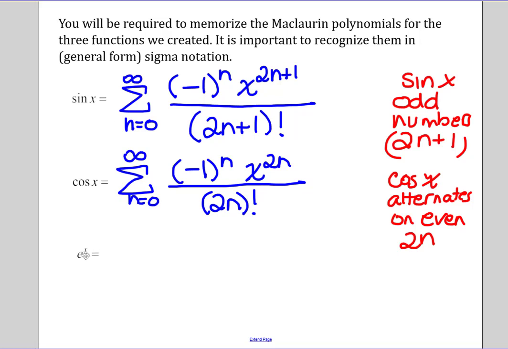And then lastly, our e to the x notation. e to the x increases on the counting numbers, and the power is equal to the factorial. So that would look like the summation from n equals 0 to infinity, x to the n divided by n factorial. So these you have to be familiar with.